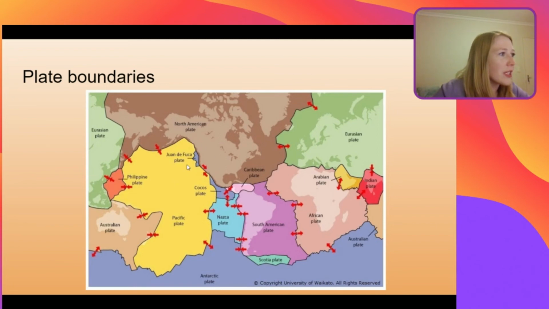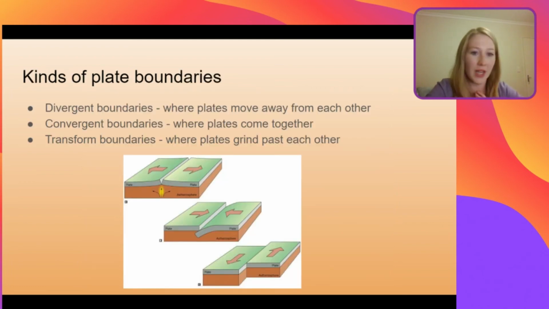Here's the only what looks like a transform boundary, and they're moving in opposite directions. I have seen it on some maps where they show the arrows pointing in the same direction, and they are just moving faster than the other. I think we have covered that. Divergent, separating, convergent, combining, transform, moving past.